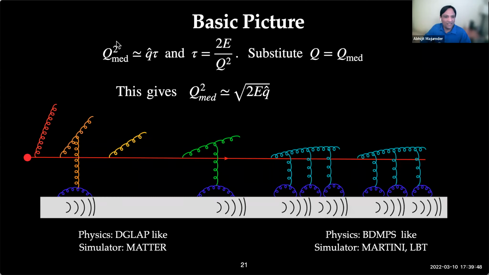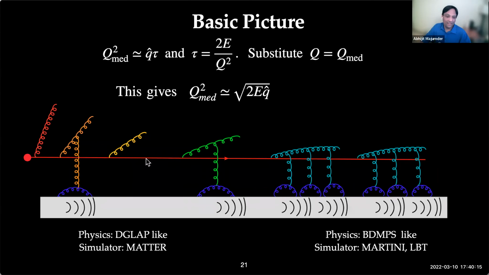So it's Q hat tau that is the medium generated off-shellness, and tau itself is the lifetime of a parton, which by the uncertainty relation you can argue is like twice the energy over the actual virtuality of the parton. And then all you have to do is set Q squared equal to Q medium squared, and then just work through this and you'll get this relationship. So when Q squared drops down to this, you transition.